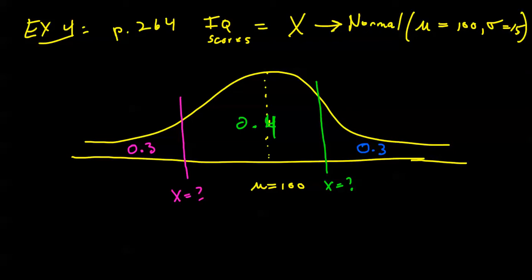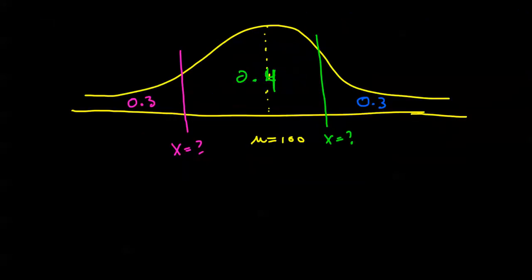Alright, so I want to find these scores, and I'm going to do it using the inverse normal command. To find this X value, I'll use inverse norm, and remember the syntax. You've got to plug in the area to the left, and the mean. The mean is 100, and the standard deviation is 15.